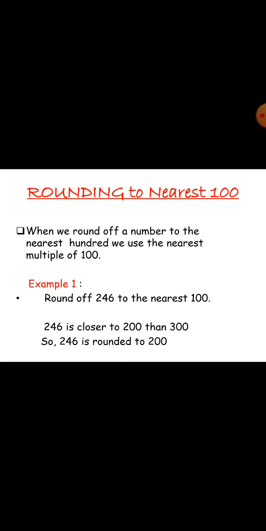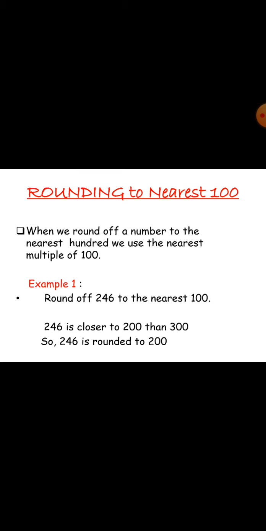I have written it also, just concentrate. 246 lies between which two hundreds? 200 and 300. Now 46 is closer to which 100? 246 is closer to which 100? Towards 200. ठीक है, 200 से ज़्यादा close है rather than 300. So it will be rounded off to 200.